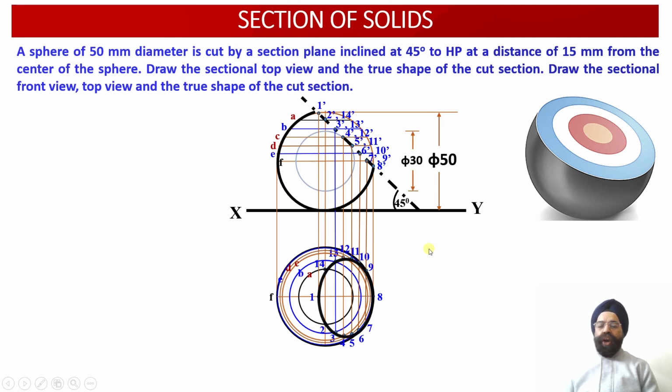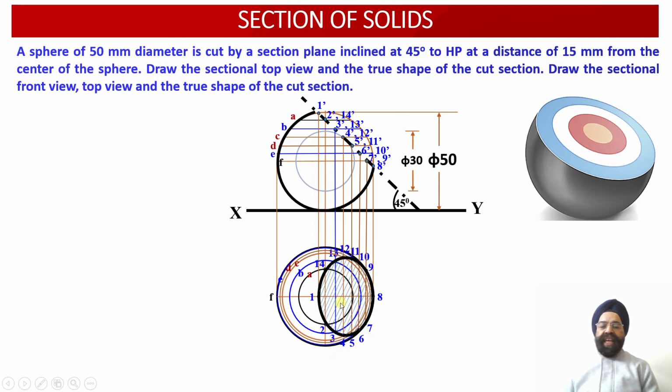And now once we join all of these 14 points into the top view projections, we find that this circular portion of the cut section, since it is inclined with respect to the horizontal plane at an angle of 45 degree, the top view projections of the circular cross section, which is obtained by cutting off the sphere by this inclined cutting plane over here, will be appearing as an elliptical cut section into the top view projections over here.